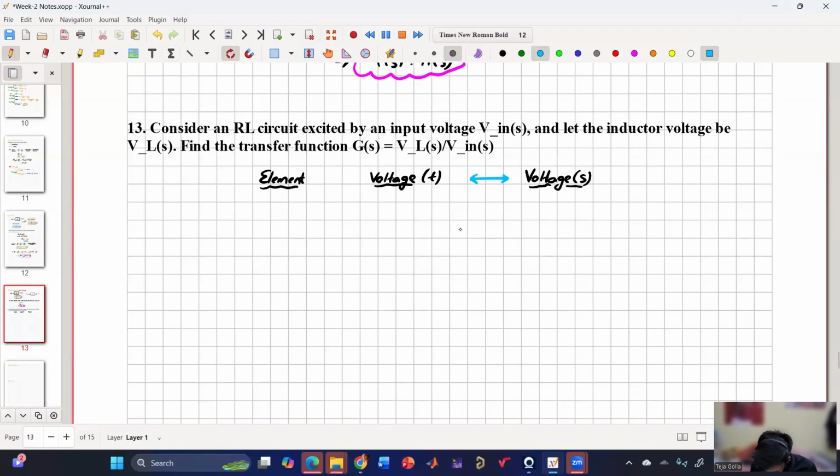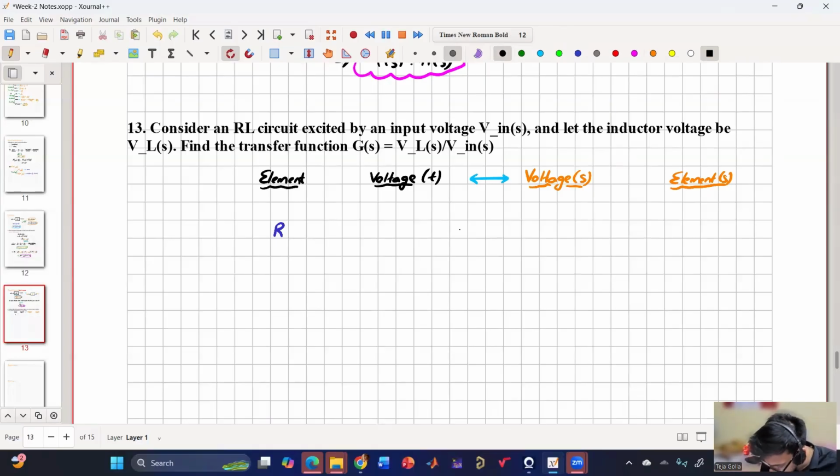So to maintain the color, I'll put this in orange. So consider the element R. The voltage will be... So now we can back calculate and we can call the element in S domain. Okay, what I mean, you'll understand once we solve.